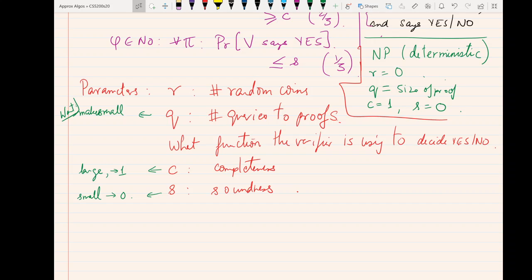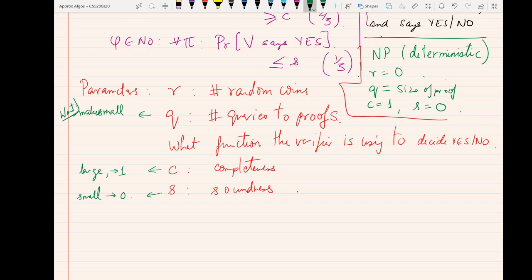Now you can think of this probabilistically checkable proof, or PCP, as accepting or rejecting strings that are given. For instance, the strings may correspond to instances of 3SAT or a graph G that you want to check is 3 colorable or not, and so on. So in fact, what it is doing is it defines a language class.